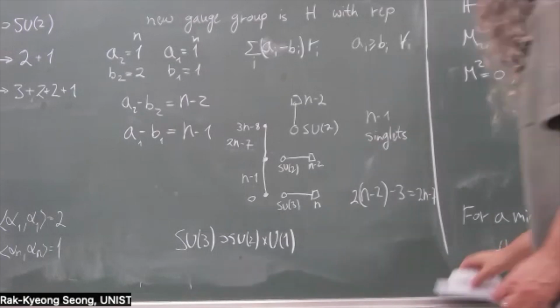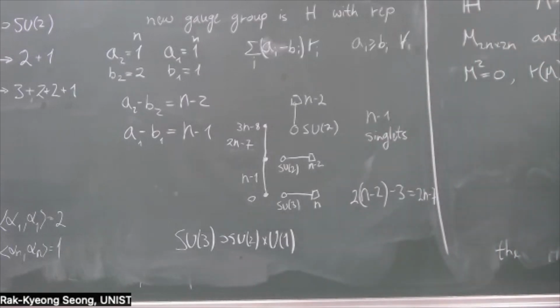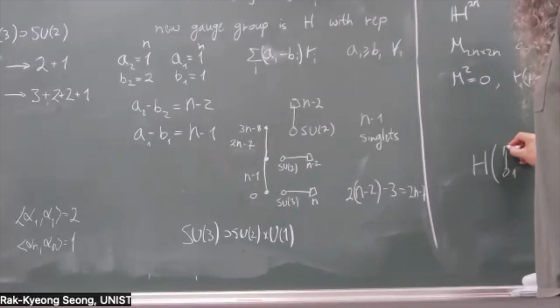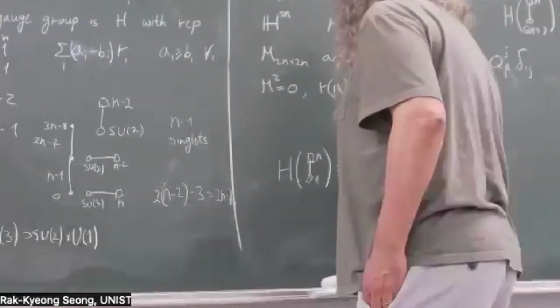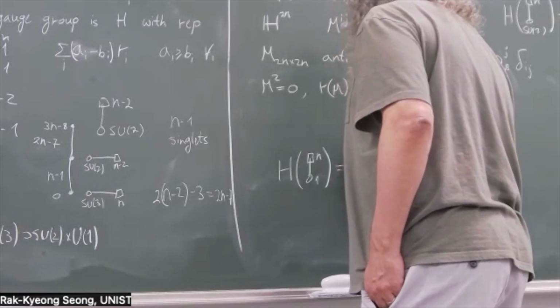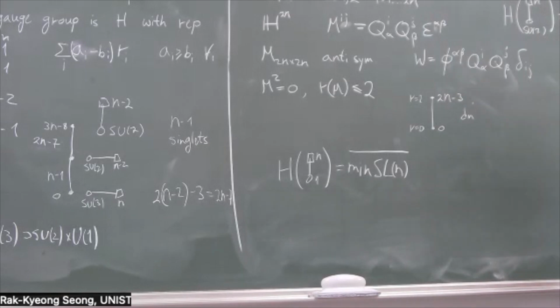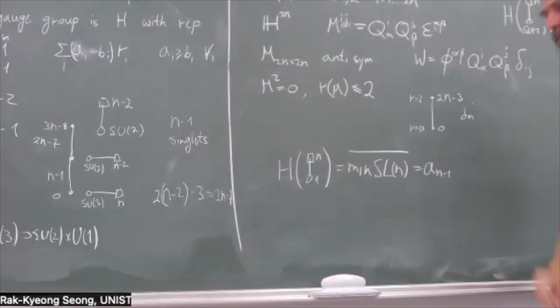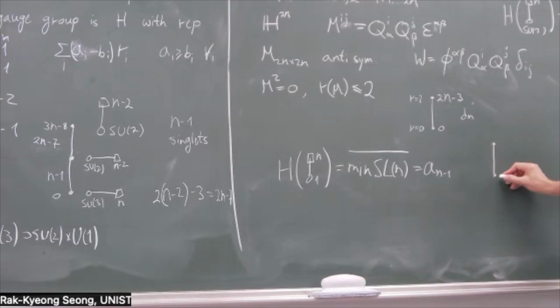Let's write the general case. If I have the quiver, the Higgs branch of the quiver 1-n, remember, we said this is the minimal SL_n nilpotent orbit closure. And again, I have 2 points, and this is also denoted by A_(n-1). It has 2 points. There is the point here where U1 is unbroken.